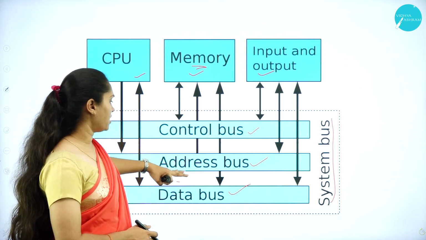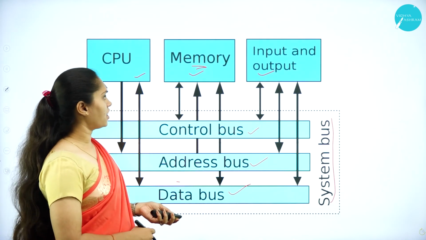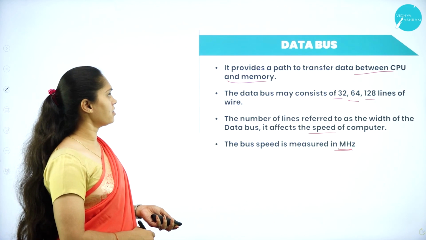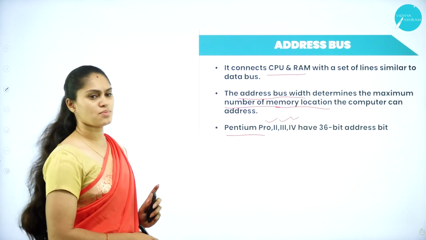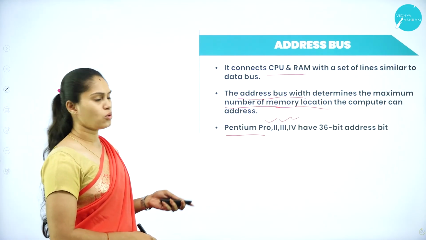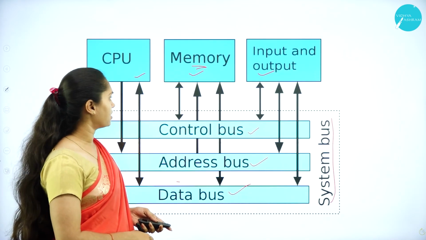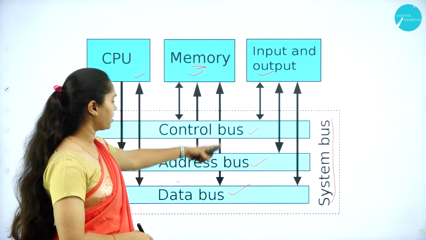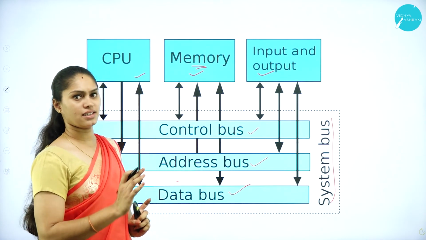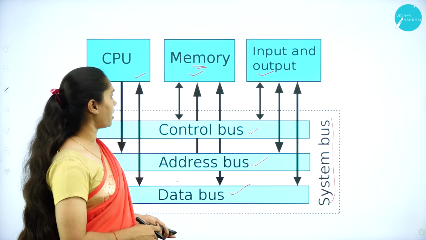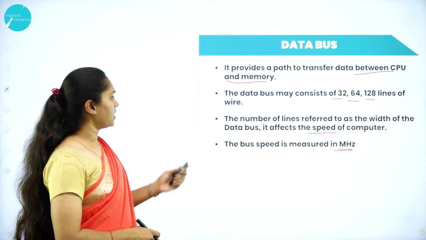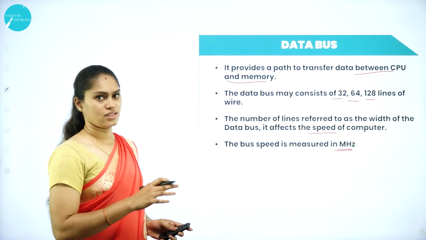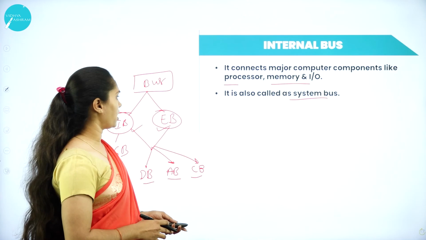In the same way, what is the data transfer on the address bus here? This address bus will connect the CPU and RAM. Here you can see that. It will connect the CPU along with the RAM that resides in the memory. In the same way, this data bus will transfer the data between the CPU and memory.